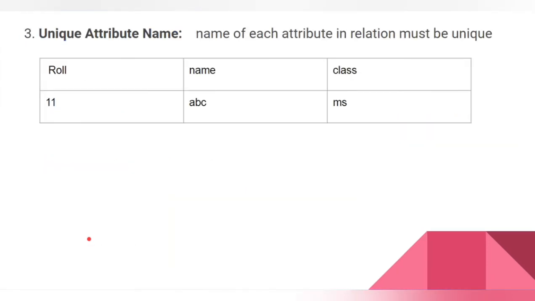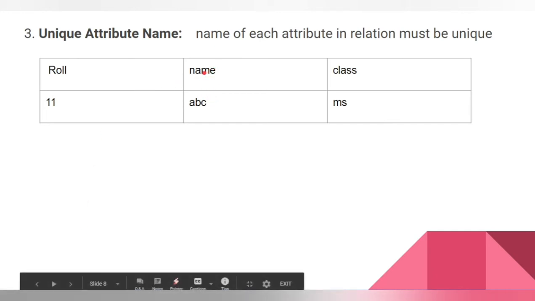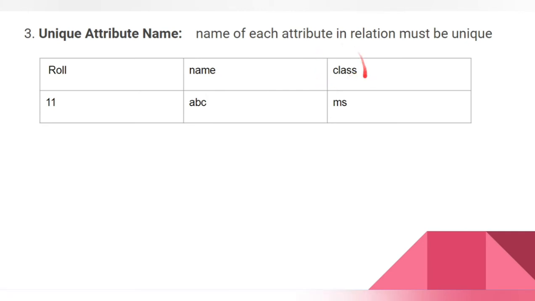So we have the unique attribute name. The name must be unique here, and the class must be unique here. So I cannot create another class attribute, another name attribute, or another roll number attribute. That is why attribute names must be unique.